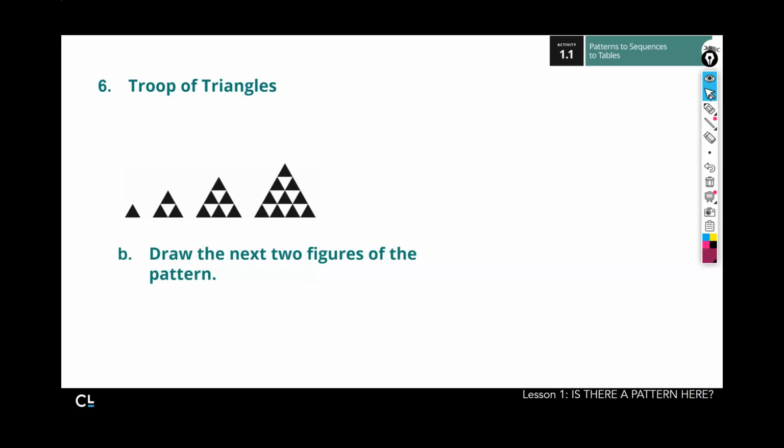Part B, draw the next 2 figures of the pattern. Oh, here comes my art skills. So we said 1, 3, 6, and 10. 1, 2, 3, 4, 5, 6, 7, 8, 9, 10. So the next one.